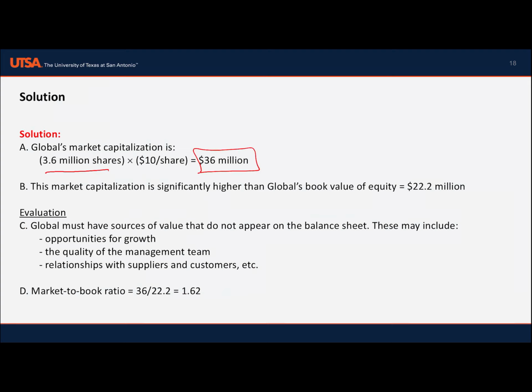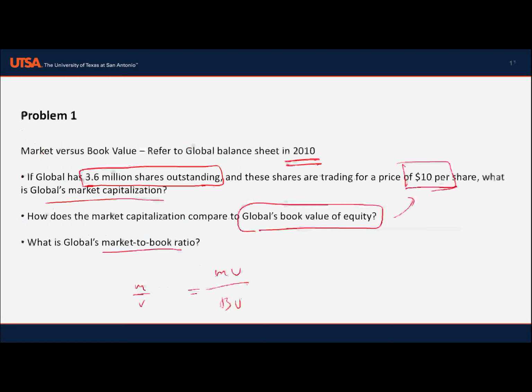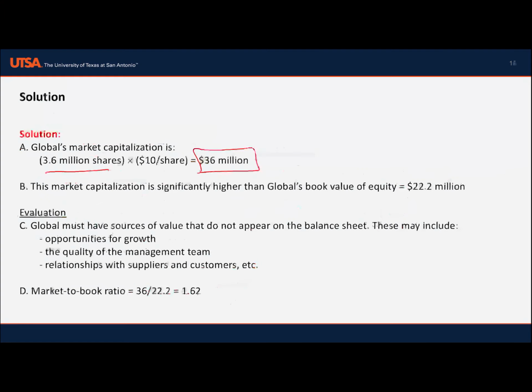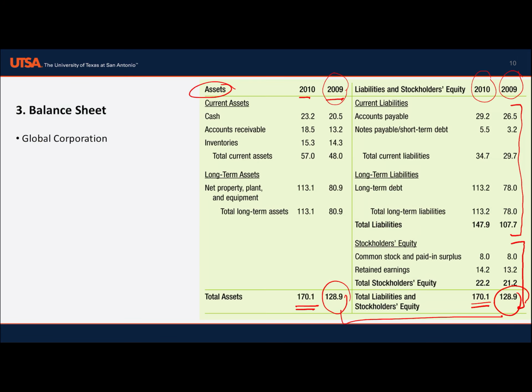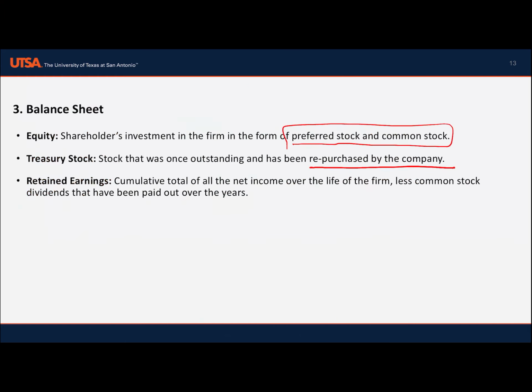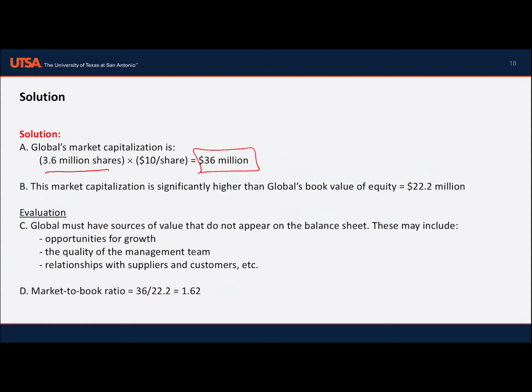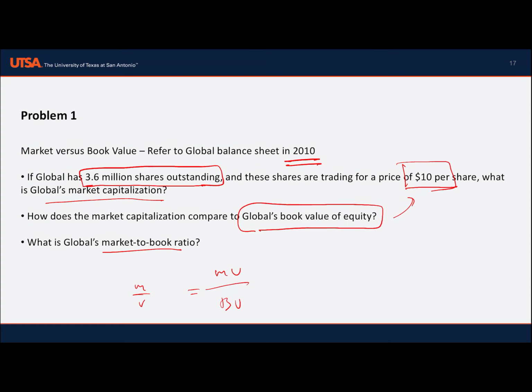This is the market capitalization. For the second part, we should look at Global's book value of equity in 2010.